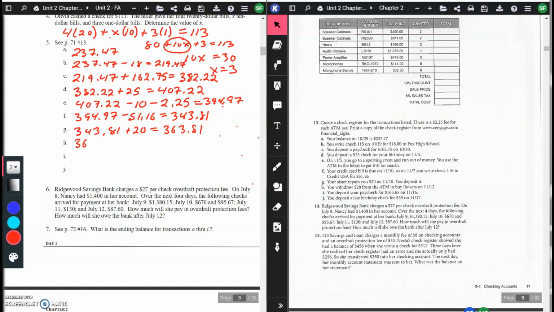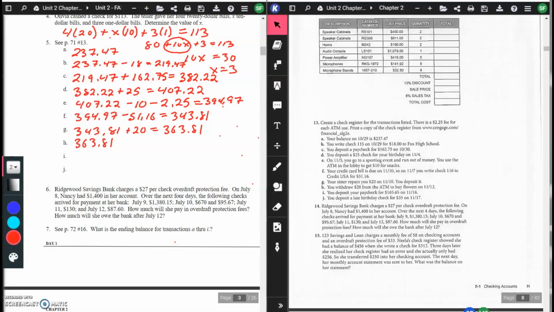So $363.81. Okay. Minus 20 minus $2.25 for your fee gives you a new total of $341.56.